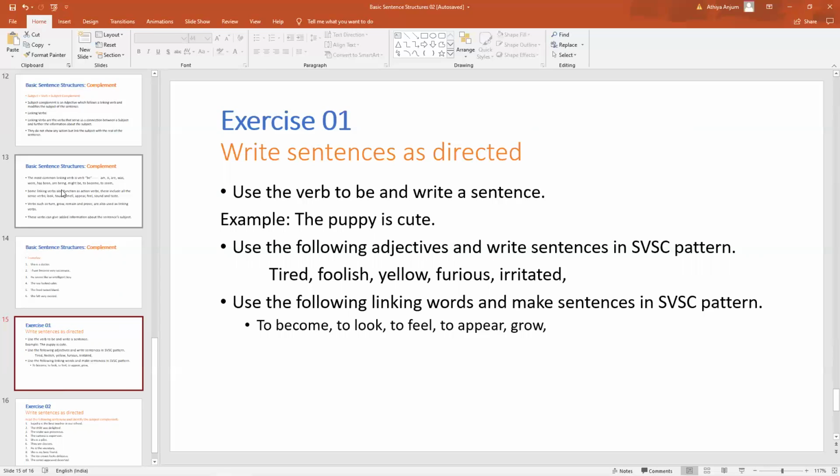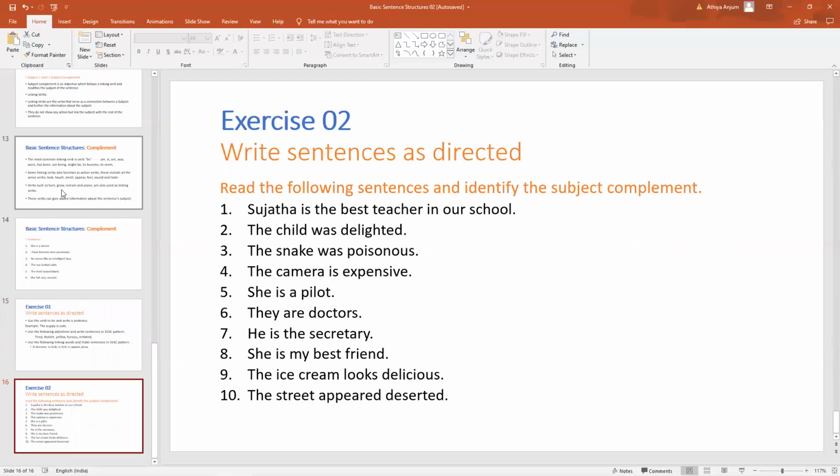Use to become, to look, to feel, to appear, grow, all those, and make at least 10 sentences in that pattern. Which pattern? SVSC pattern, right?